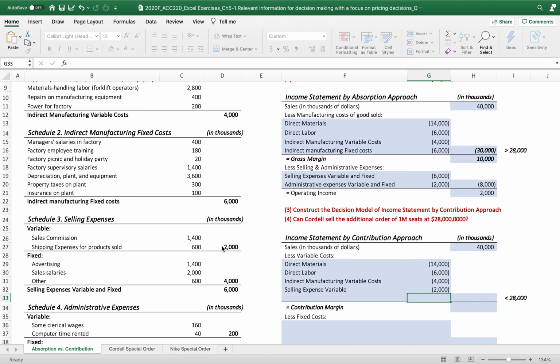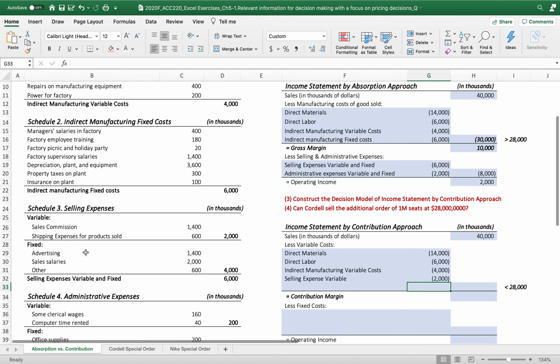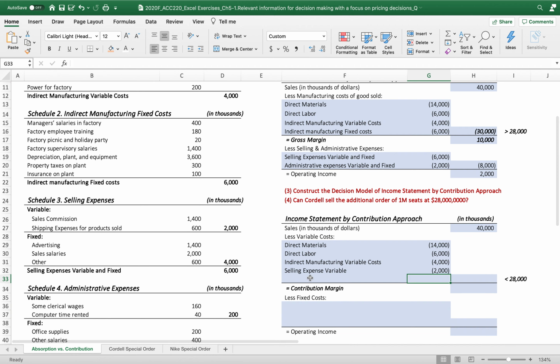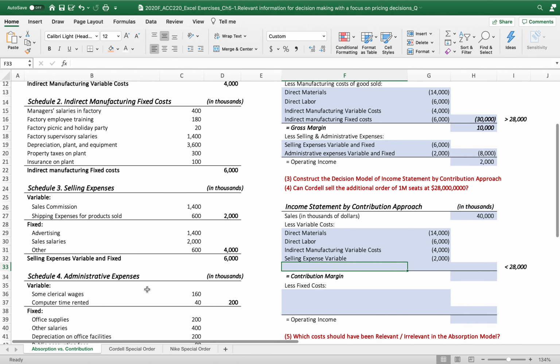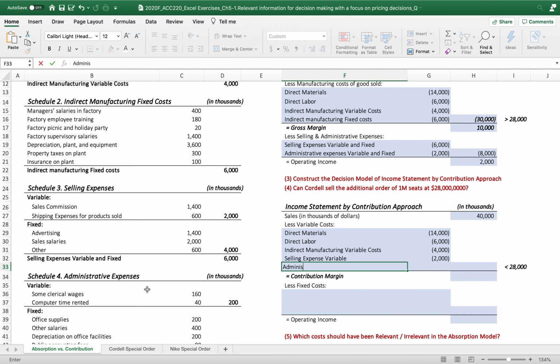We have to take only this 2,000 out of the total sales, right? So the selling expenses. Then administrative expense variable cost, only the variable cost. Here, variable cost minus 200.